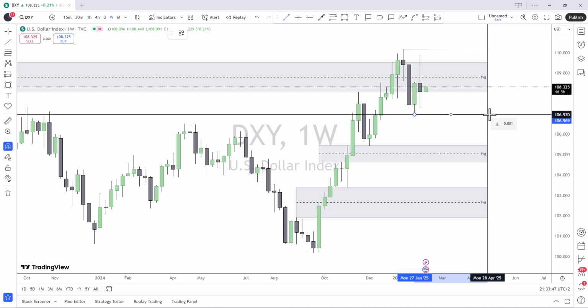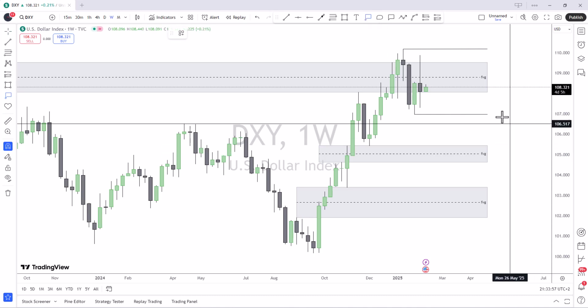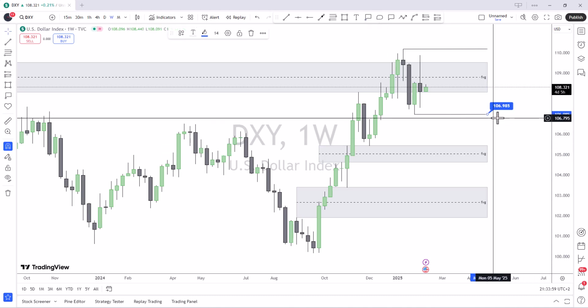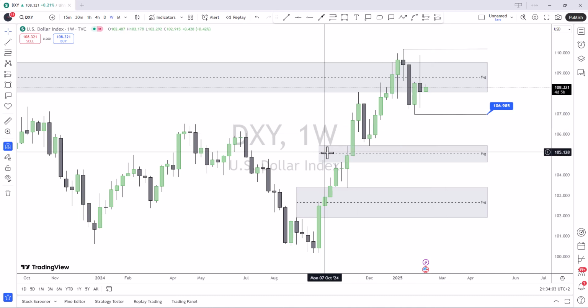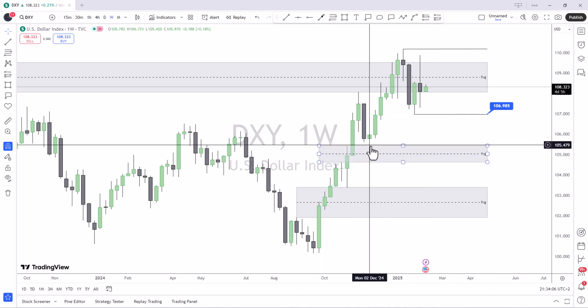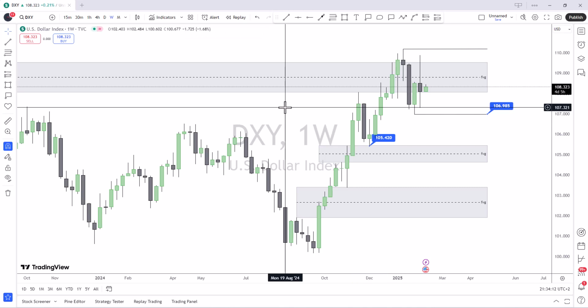we're looking at 106.970 price level. Let me put my price level there. So that's my target number one. And then target number two, we're looking at this level here, 105.420.